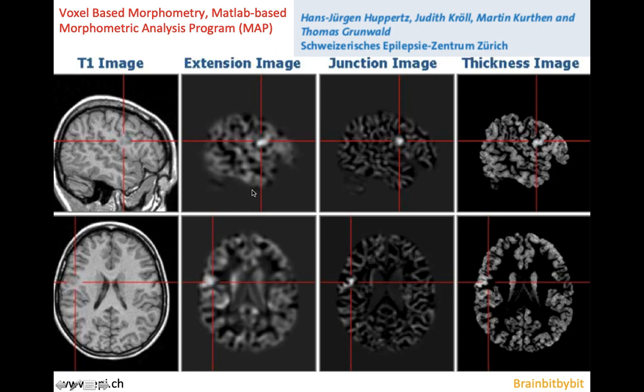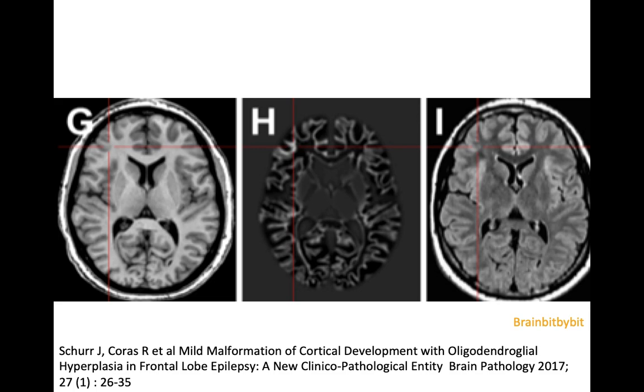And there are a lot of false positives with this program, but it can really help you because it points out certain regions and you can pay special attention to these regions, especially if they are concurrent with the semiology and EEG findings.